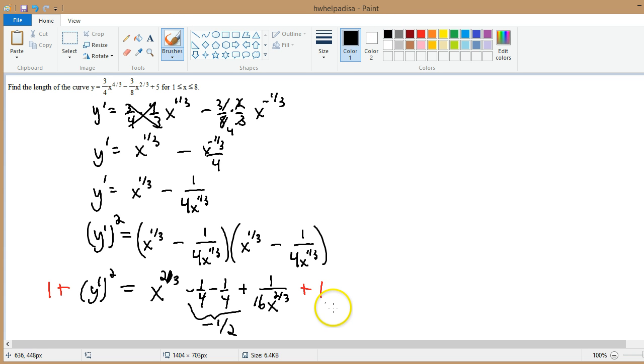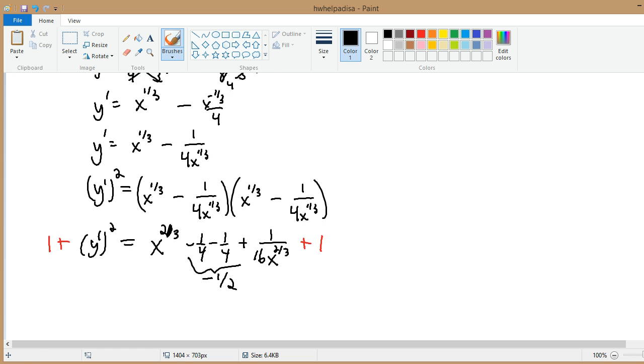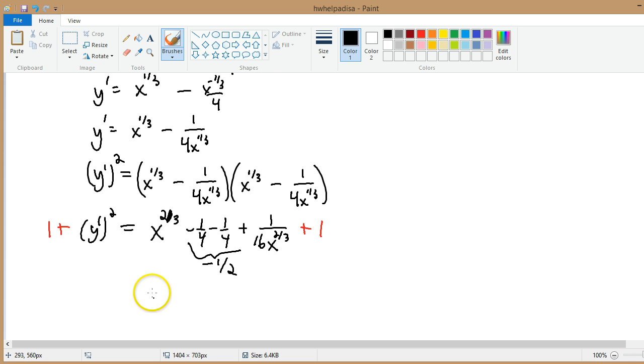It's going to be equal to x to the 2/3 plus a half and then plus 1 over 16 x to the 2/3.